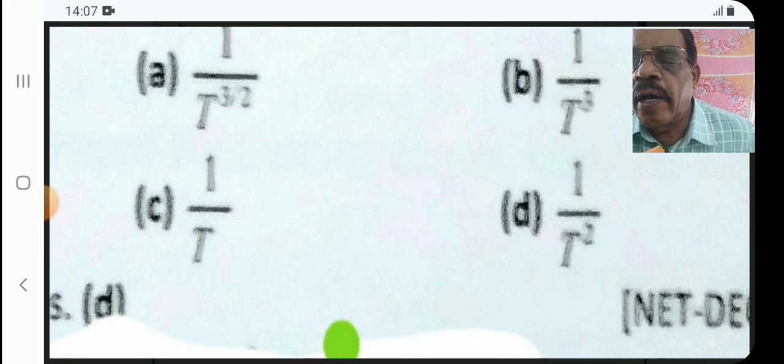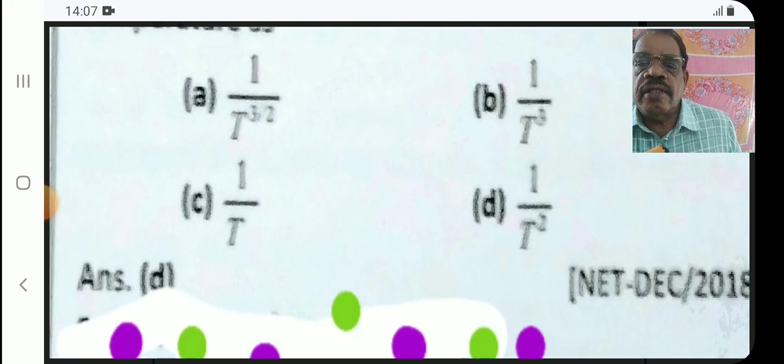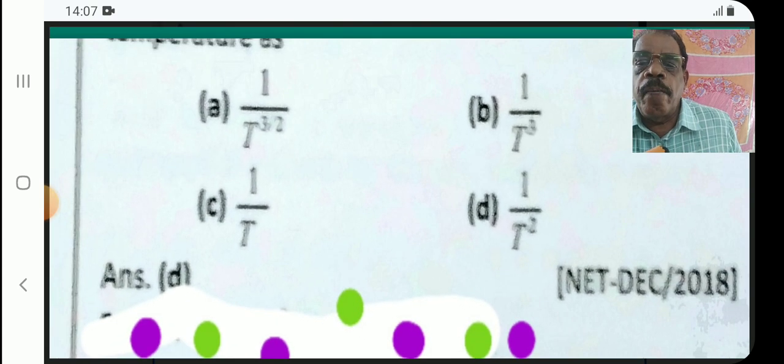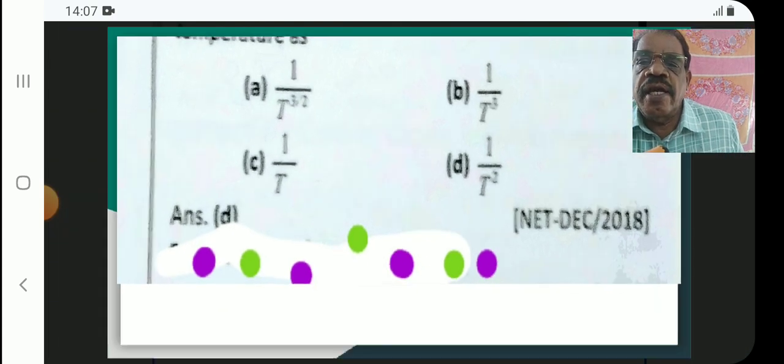The answer is D. 1 by T squared is the answer in this case.